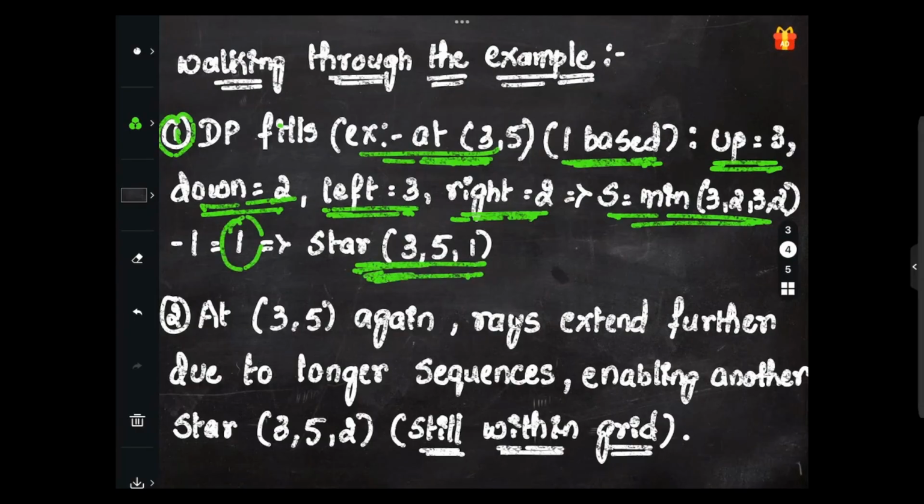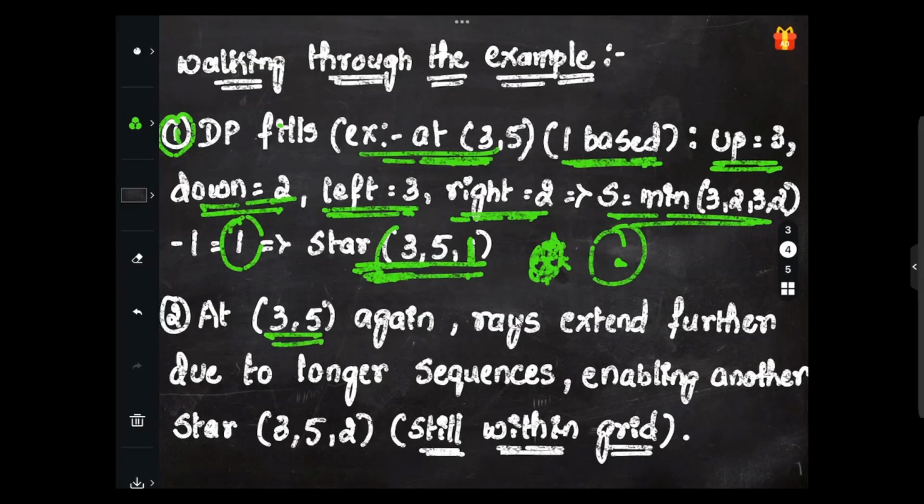The same goes with this one at 3 comma 5, the center one. A dot is present, so we'll be going with minus 1, so we have to consider 3 5 1 minus 1 equals 1. We are giving this one a positive value, not the negative one. So we are considering 1 here, 3 5 1, right?